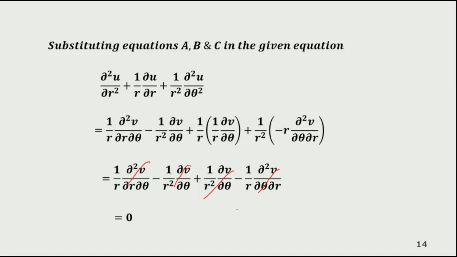ठीक है. So this is where we use the CR equations in polar form and then got this equation ∂²u/∂r² plus (1/r) ∂u/∂r plus (1/r²) ∂²u/∂θ² is equal to 0.